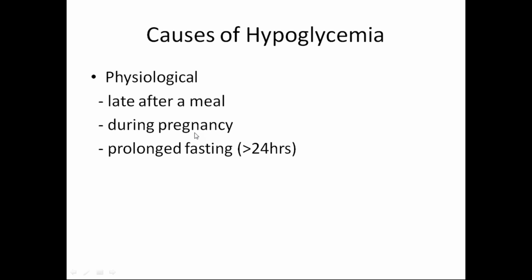So what are the causes? Coming to the causes, we'll see it as physiological and pathological. Physiological causes are late after a meal, like 4 to 5 hours. Pregnancy is another physiological state where there will be recurrent hypoglycemic attacks, or else when we have prolonged fasting.